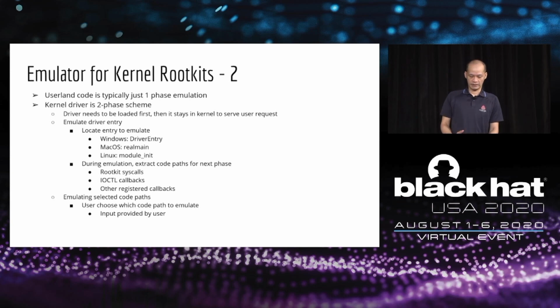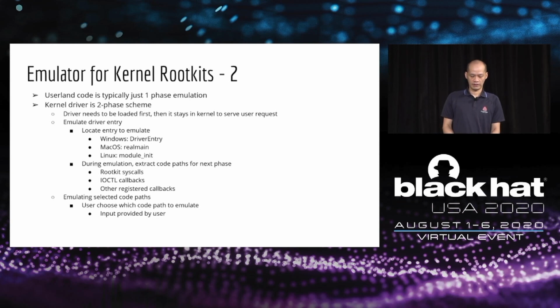And the next phase, the second phase, is that once we get the code paths that we want to explore, we try to emulate the code path that the user chooses to explore.